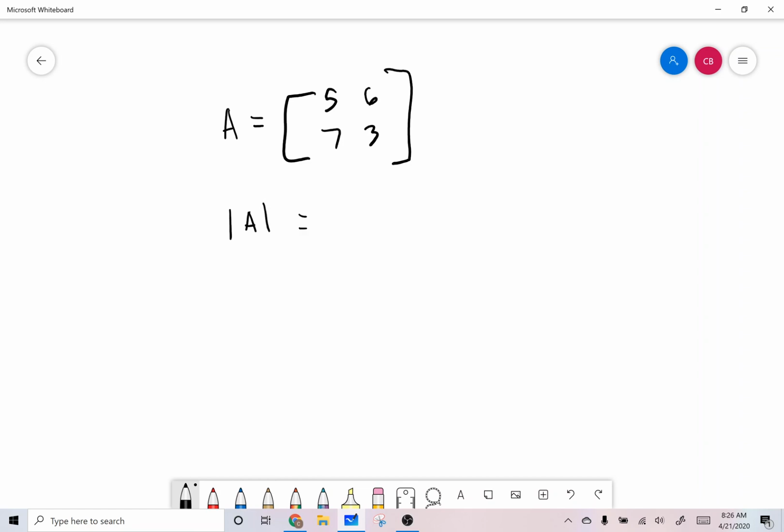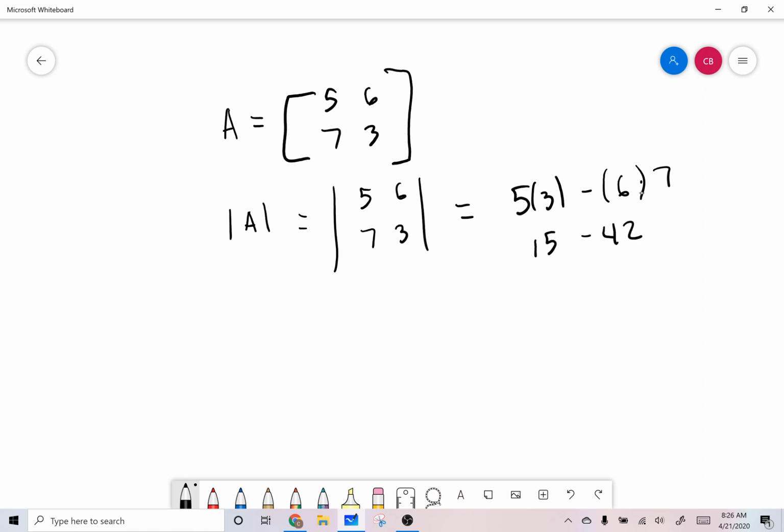It's not absolute values, but it's the same symbol. 5 times 3 minus 6 times 7. 15 minus 42, which is negative 27, I think. I hope. So as you can see, it's just a number that you're going to calculate.